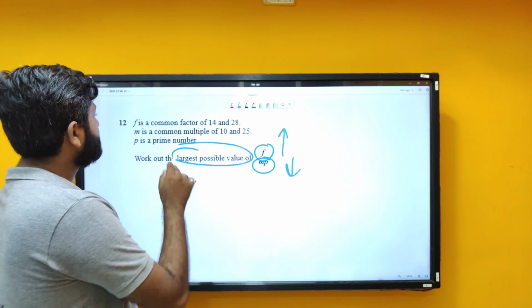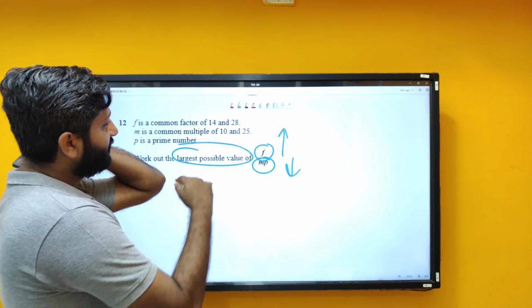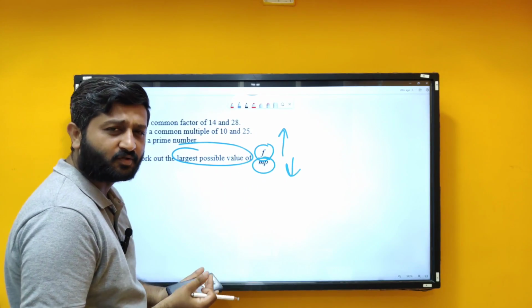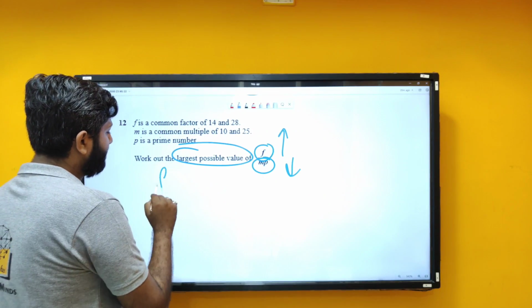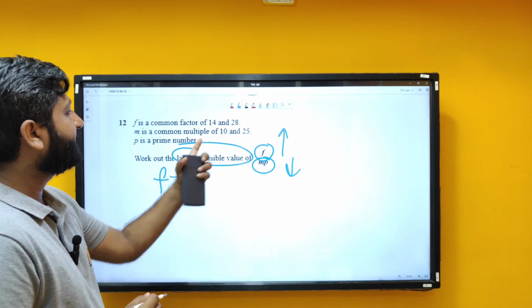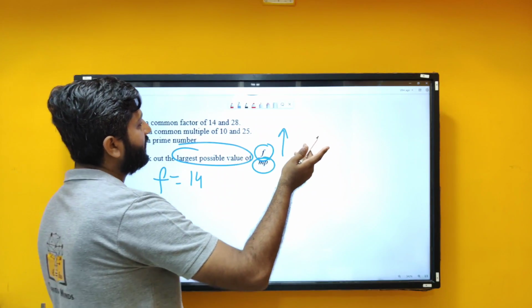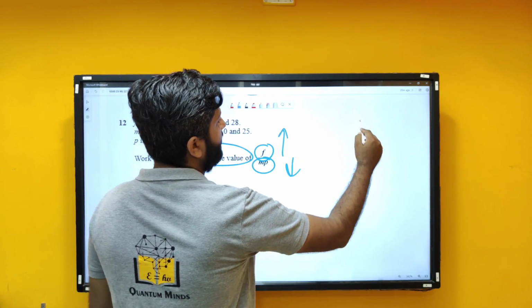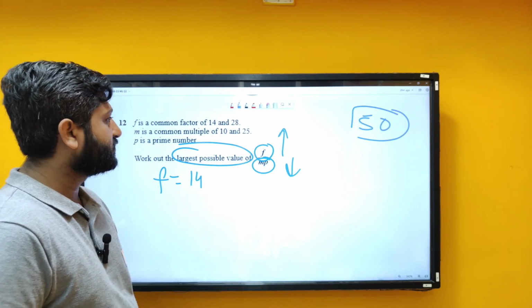F is a common factor of 14 and 28, so which is the highest common factor of 14 and 28? I think 14 is the highest common factor because 14 twos is 28. So we'll take F as 14. M is a common multiple of 10 and 25. The least common multiple is 50, because 25 twos is 50 and 10 fives is also 50.